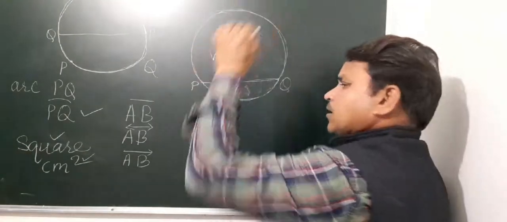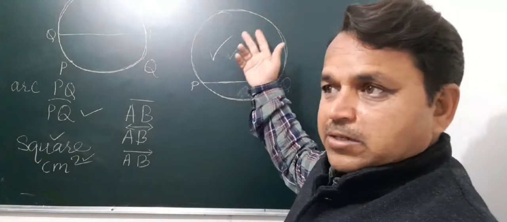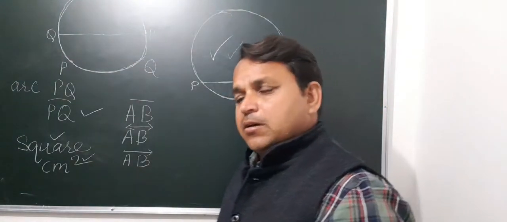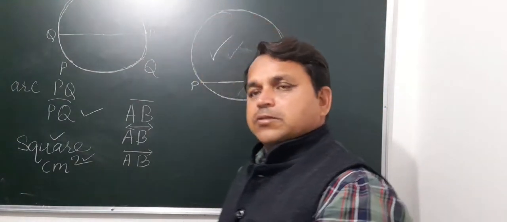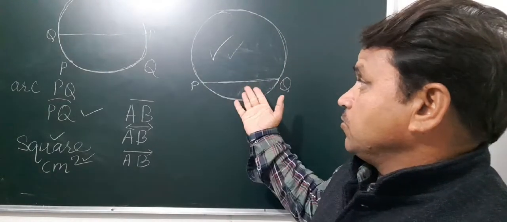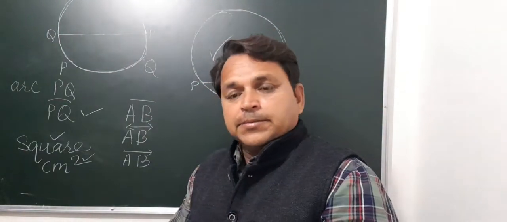So this is another segment. Now this is the bigger segment or the major segment, and this is the minor segment. This much at present is enough about segments. Later on, in class 10th, we will have to measure these also along with the sector, which we are just going to introduce.